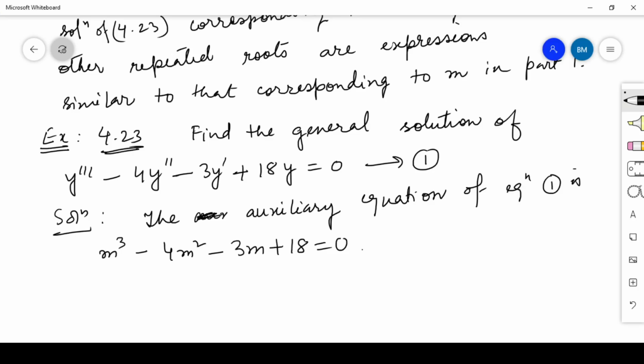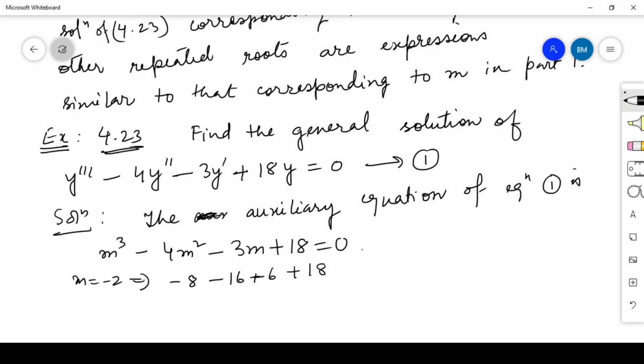Now if I put m equal to minus 2 on the left hand side, then I shall get minus 8 minus 16, because minus into minus is plus, plus 6 plus 18.